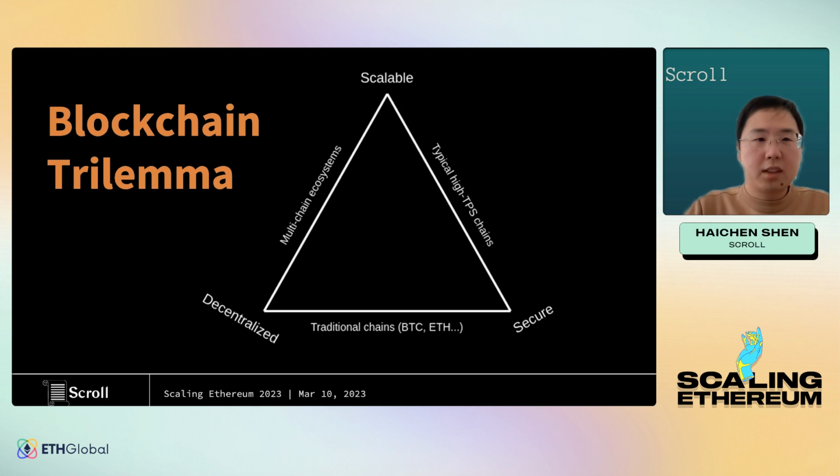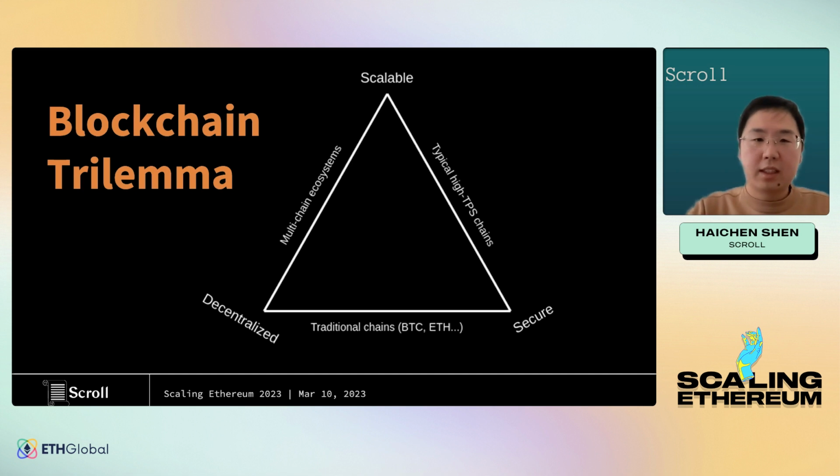This is because of the blockchain trilemma: one blockchain cannot achieve scalability, decentralization, and security at the same time. Decentralization means that the chain can run without any trust dependencies on a small group of centralized actors, typically interpreted as not being trusted by any set of nodes.